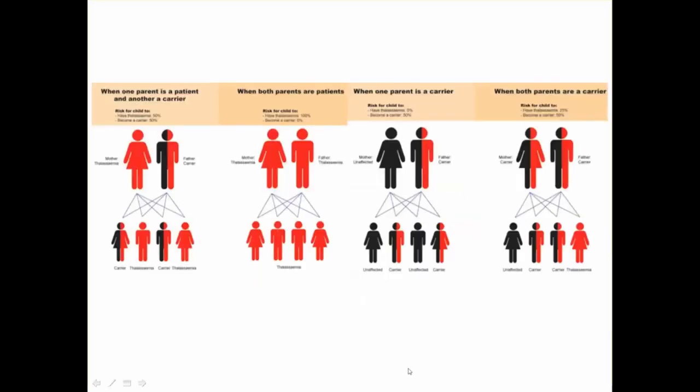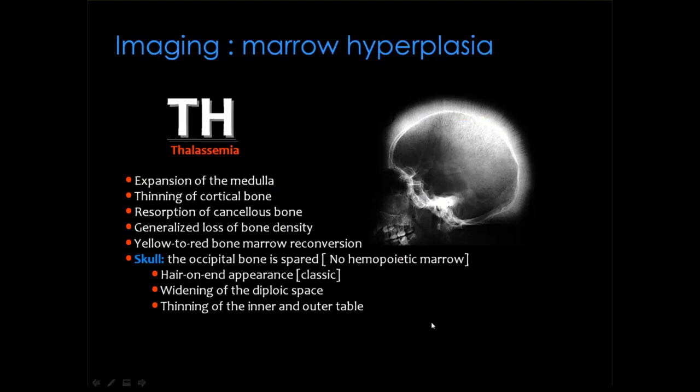And these are the different algorithms concerning the parents, for example if one of them has thalassemia and the other one is healthy, and so on.